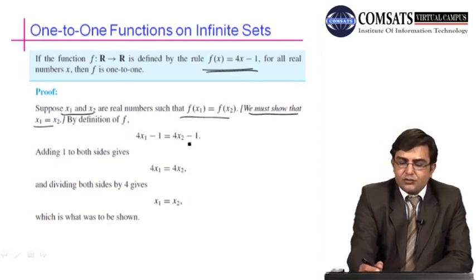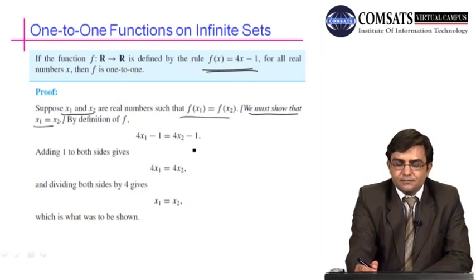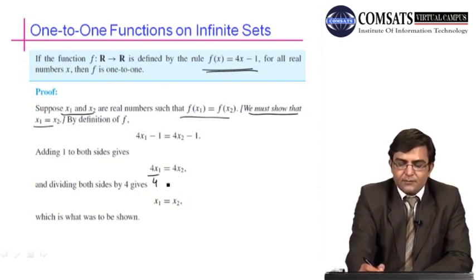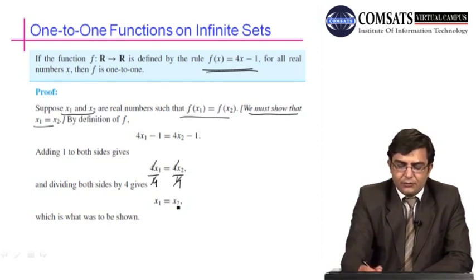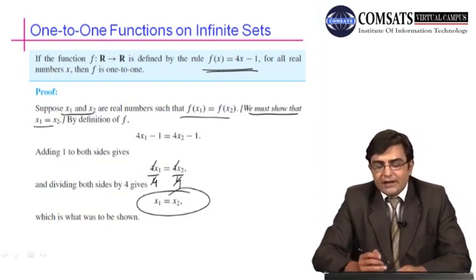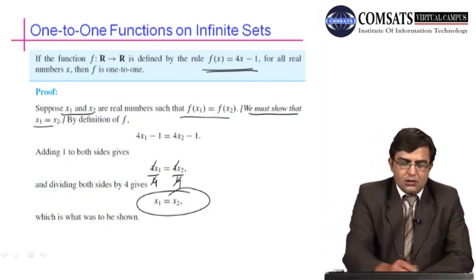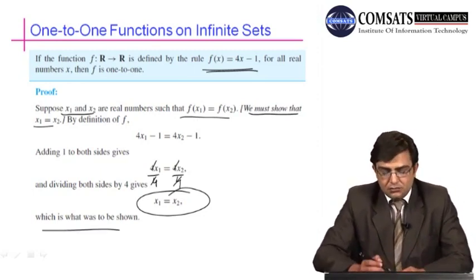So adding 1 on both sides, 1 will be cancelled out, and we are left with 4x1 equal to 4x2. Now dividing on both sides by 4, this 4 cancels with this, and we get x1 is equal to x2, which is what we had to show.